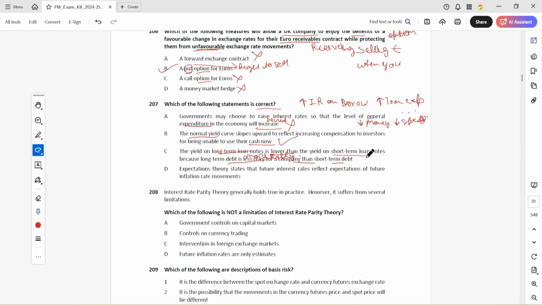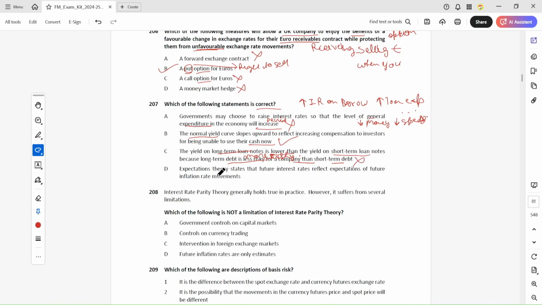Why? Because the longer the duration, the longer the risk that the person you are giving the loan to may not pay it back, because the future is uncertain. Right now he has money, but in the future your friend may not have money and he may not pay the loan, right? So long-term loan is more risky.